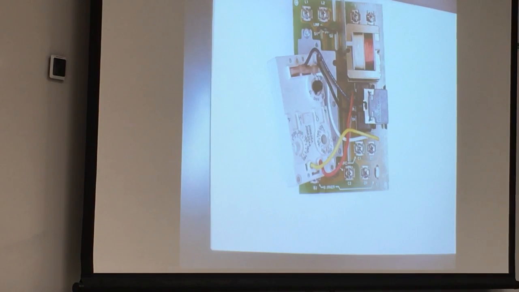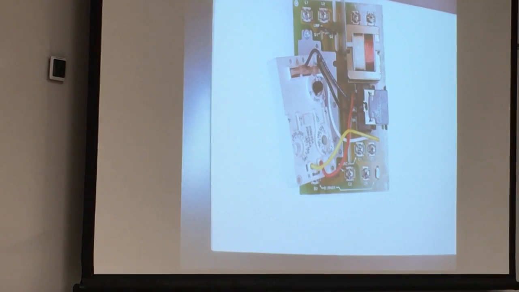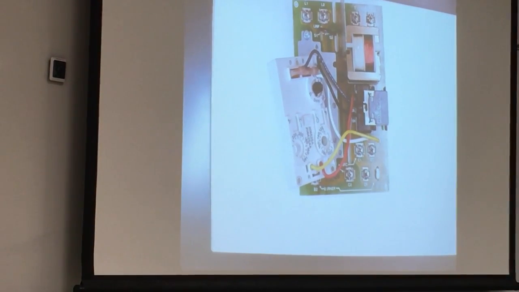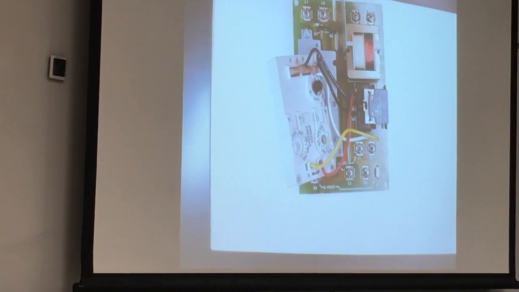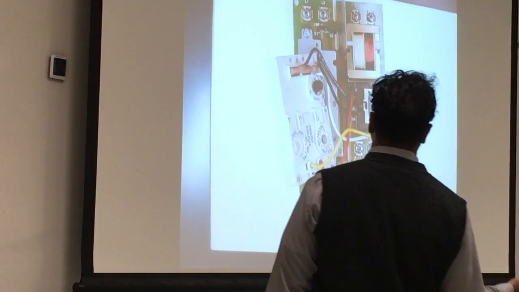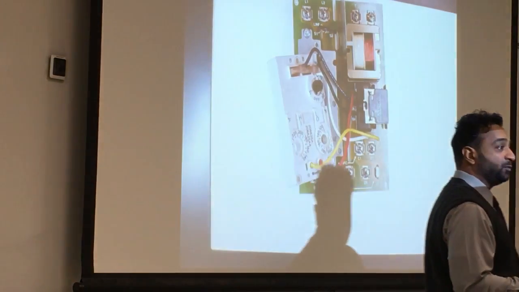Would it work? With this model, it will work, because you completed the circuit and it didn't energize. With the electronic ones, probably it will not. In some electronic ones, if it does not get feedback, it will not work.